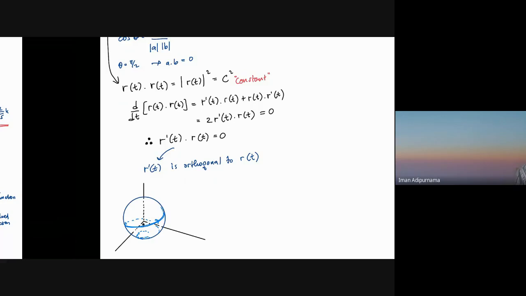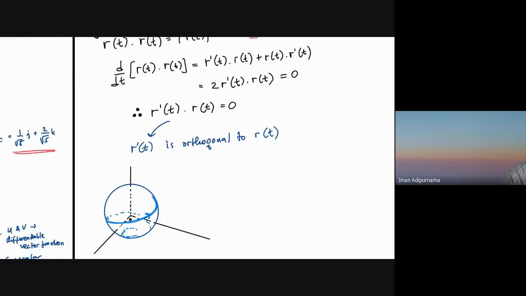If you have the spiral, and r is here, r prime is always here.